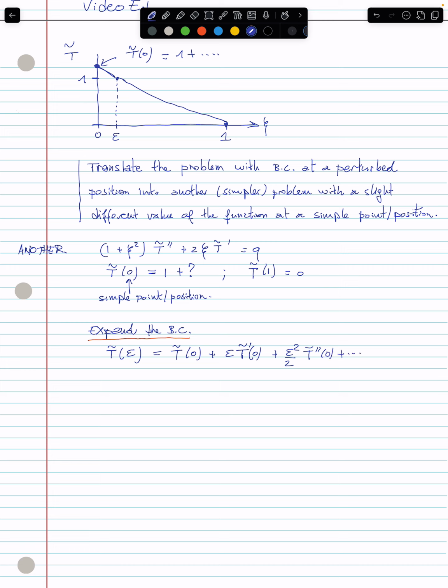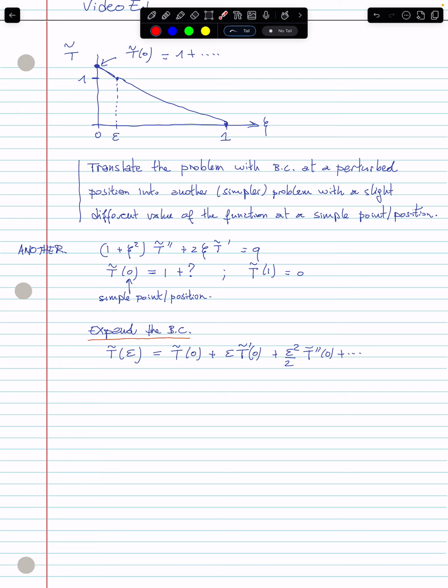Okay, that's just a series expansion of the boundary condition at epsilon, which is at 0, which allows us to express the boundary condition at epsilon.